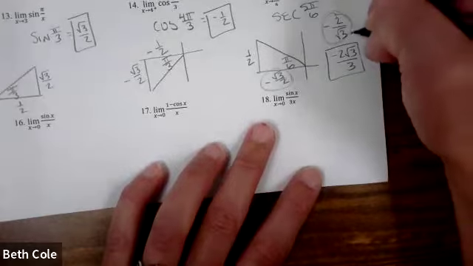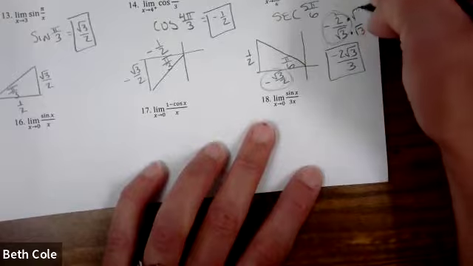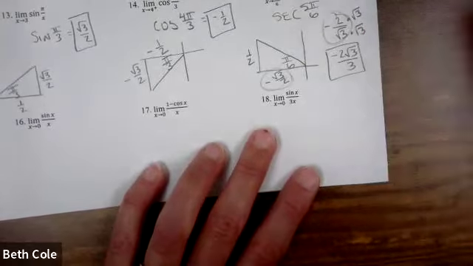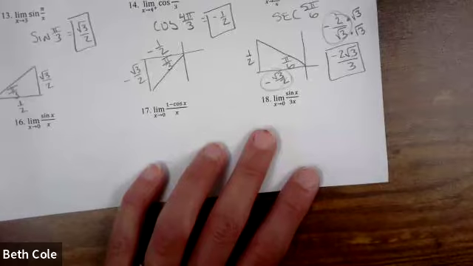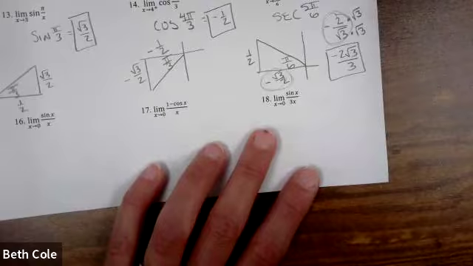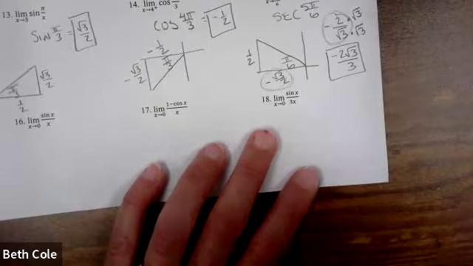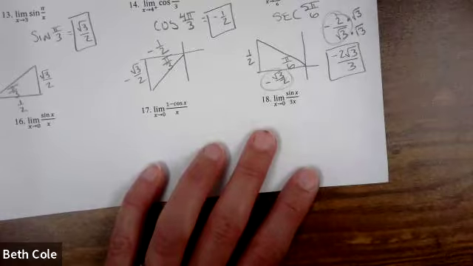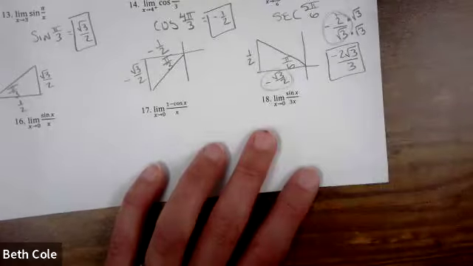So we rationalize. If you multiply the numerator and the denominator by square root of 3, so that you don't have a radical in the denominator. I don't know why that's the rule, but it is. Square root of 3, yeah. And then you end up with just 3 because they cancel out.